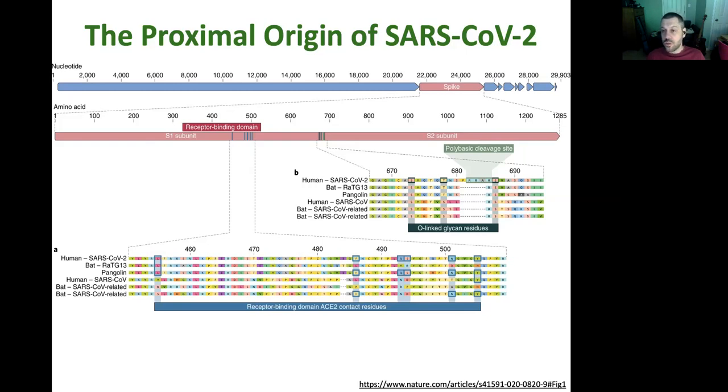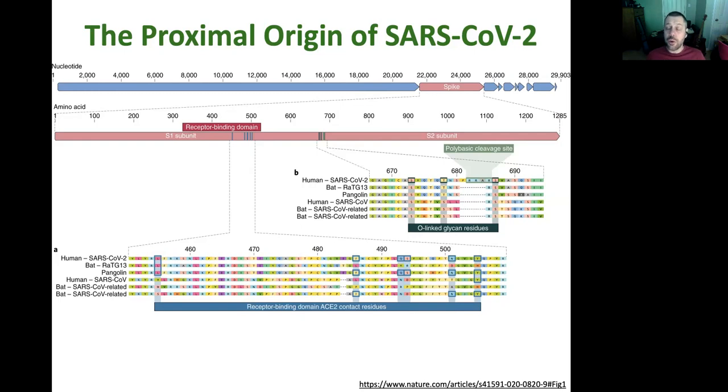So this is 1,285 amino acids that make up this spike protein. And at the very bottom here, panels A and B, it shows you the amino acids and how the current virus, human SARS-CoV-2 at the top there, is conserved with the amino acids of other versions of this coronavirus. In bats, pangolins, human SARS-CoV is the original SARS virus, and then a couple of the ones in bats.